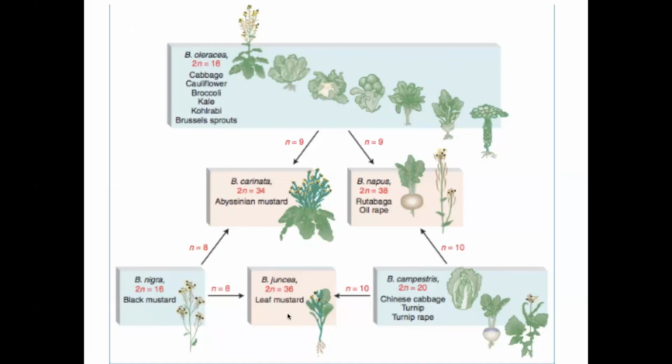In doing so, restoring that fertility through the chromosome doubling, you've created a new species, a new genome that represents the two diploid genomes of the original progenitor species now combined into one new genome. So all of this occurred totally randomly and spontaneously in nature.